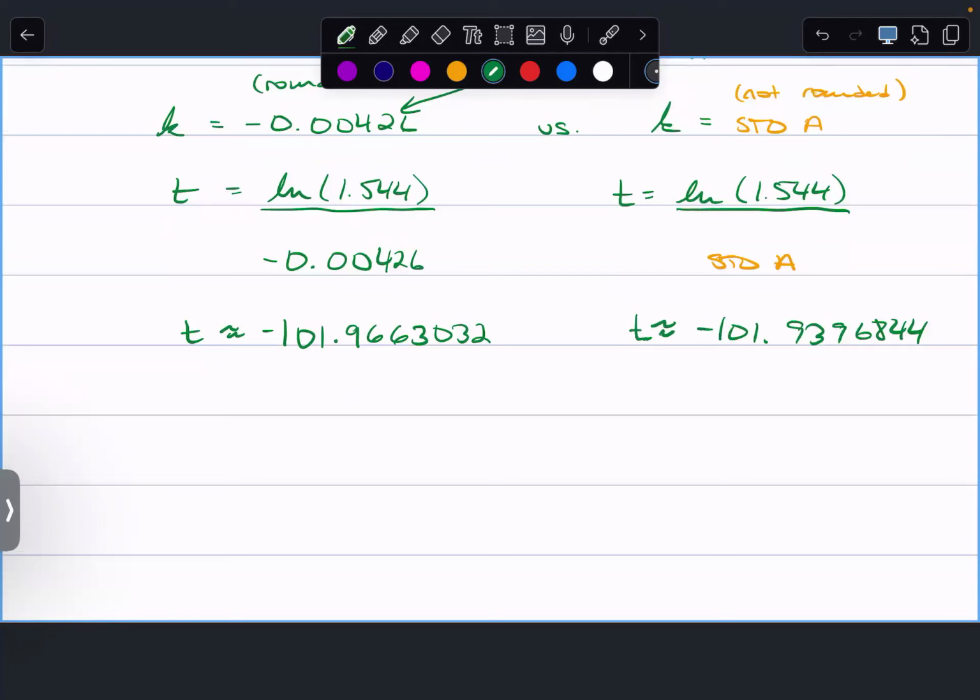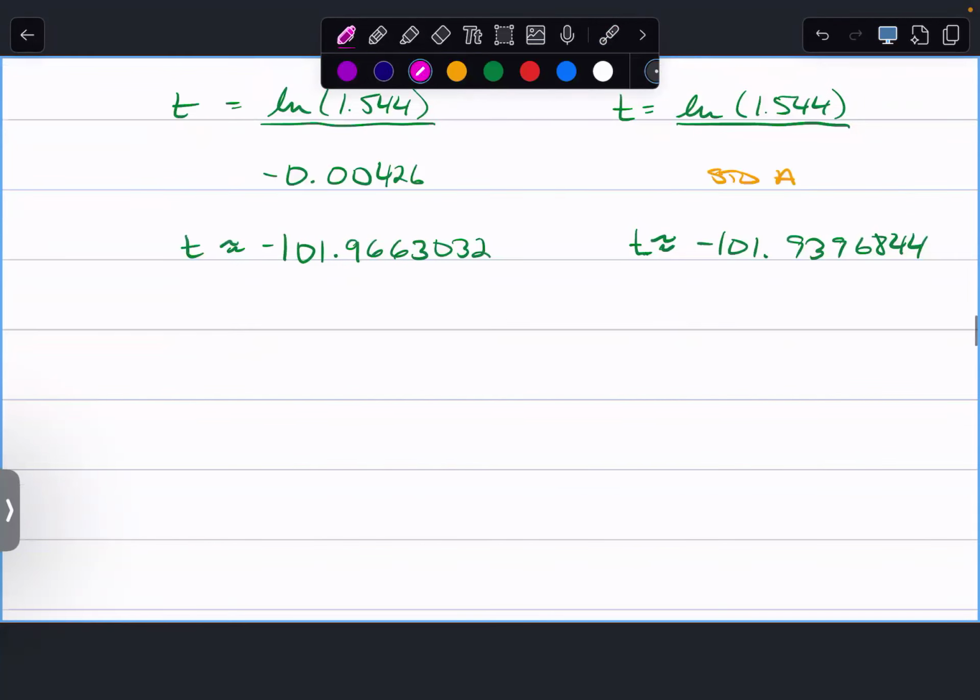Can we push the envelope? What if I had just used negative 0.004? Now I'm just curious. All right. Let's see. What if I try k is negative 0.004?